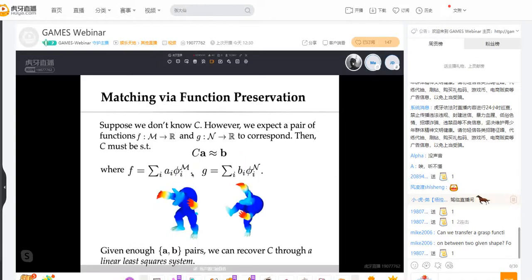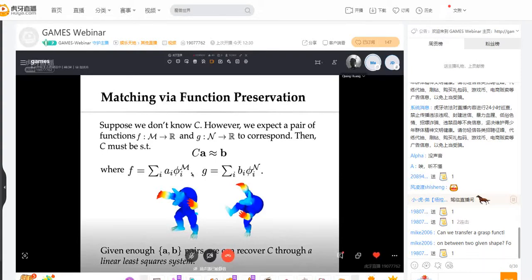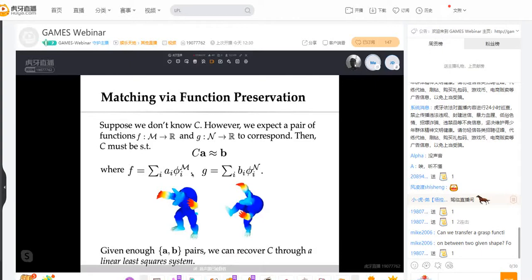So first of all, there's a very basic observation that you can make, which is the following. Suppose that we don't know the transformation, so we don't know this mapping C, right? So we don't know what the functional map is, but sometimes we can compute certain properties that we expect this C to preserve. So for example, if a map preserves distances, then it should also preserve curvature, like Gaussian curvature. And so what we can do is compute some curvature function on one shape, express it in the basis of the shape, and then compute the corresponding curvature on the second shape and express it in that basis.